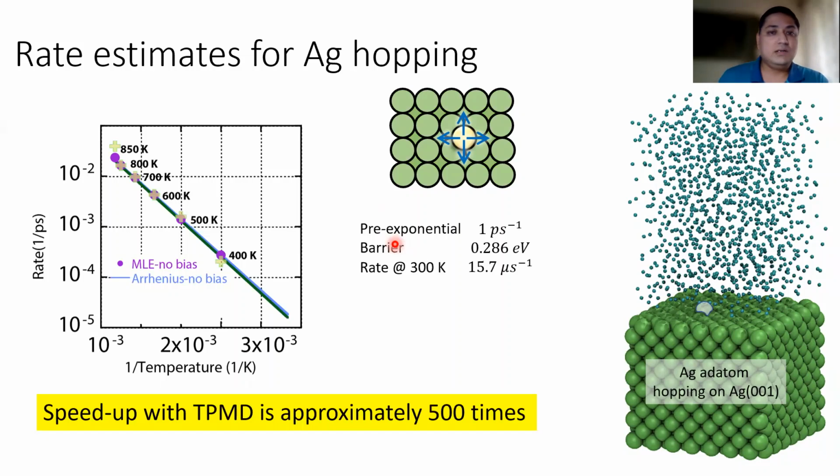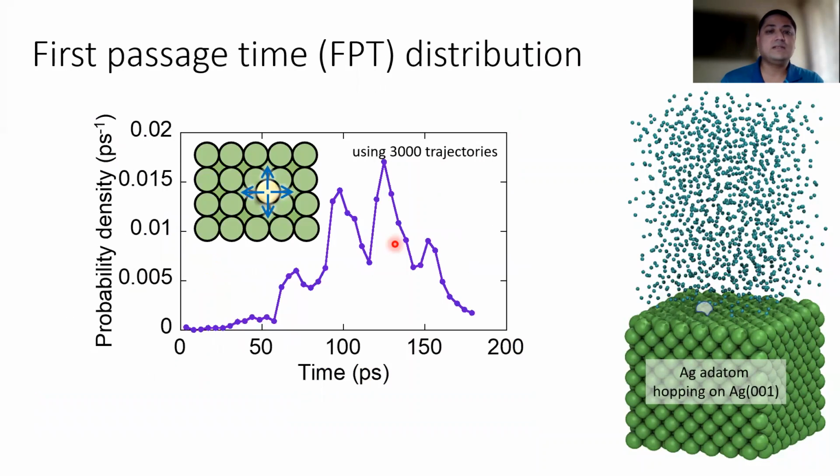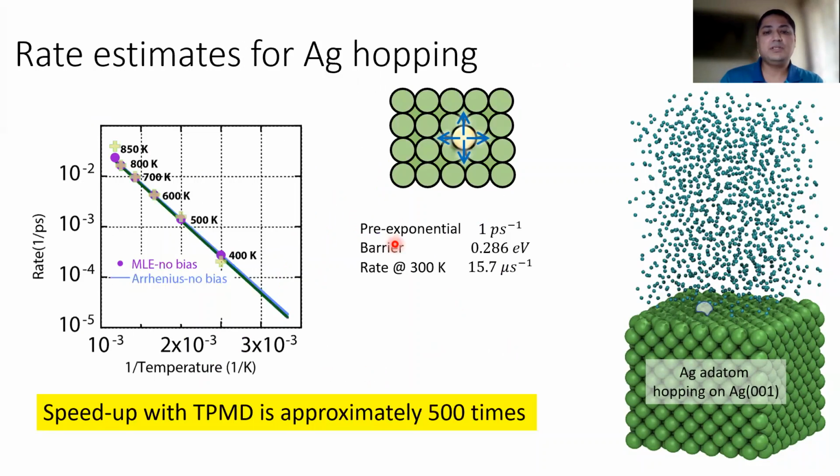So for our silver hopping example, we analyze the FPT distribution and we can obtain the rate constant as well as the Arrhenius parameters. And here in this Arrhenius plot, we can see how the rates vary with the inverse temperature. So you can see that if we do not assume Arrhenius type behavior, then the rates vary in a straight line manner on this plot.